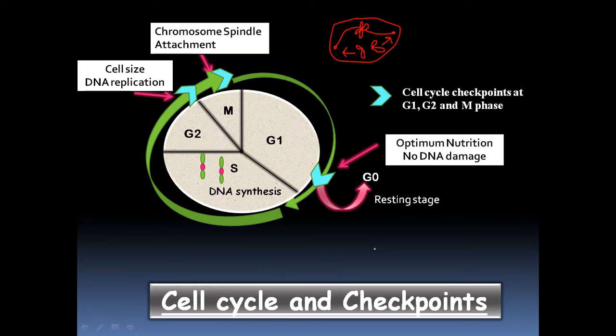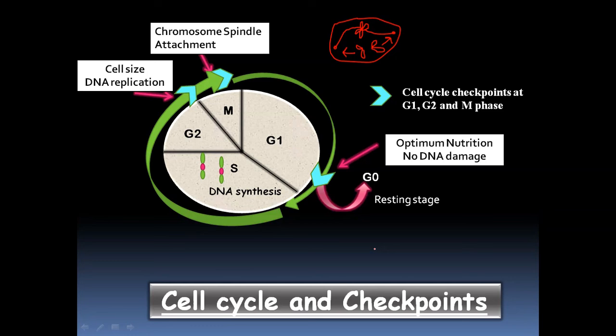Now, talking about the regulation, the cell cycle checkpoints are under two important regulations. First, it is the positive regulation, that is generally governed by the cyclins and the cyclin dependent protein kinases.